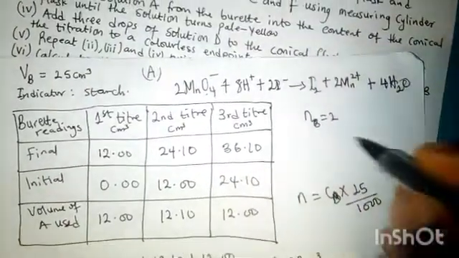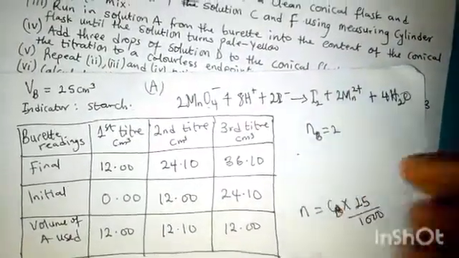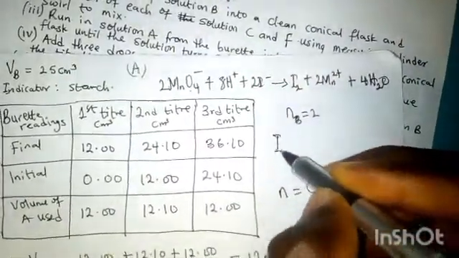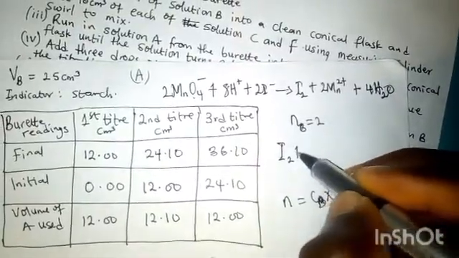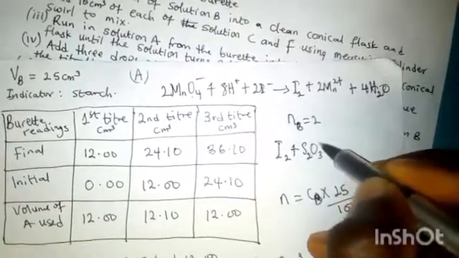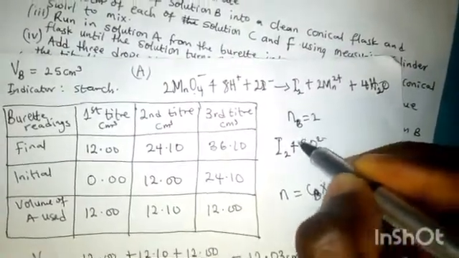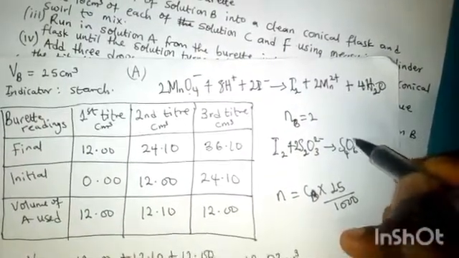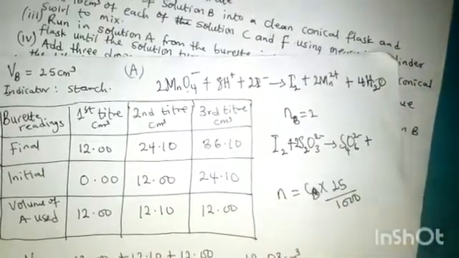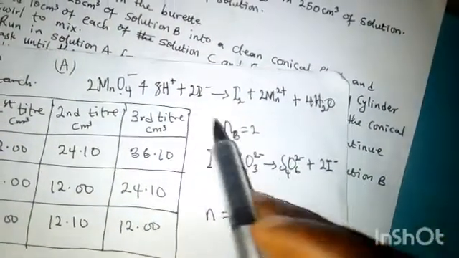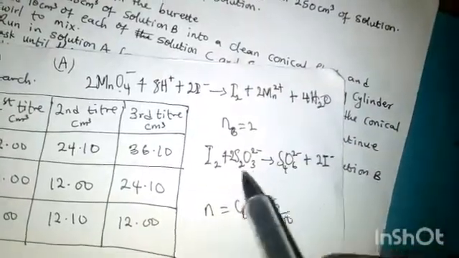Then the second reaction is, check it out, we have I2 plus 2 S2O3²⁻, going into S4O6²⁻, plus. So this is it. You have the reaction between these and these.